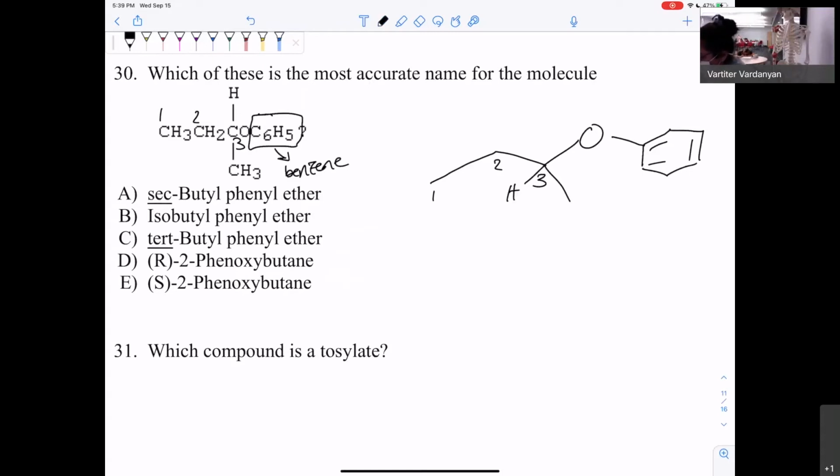And then I also know, or no, that's it. Okay, cool. Would phenol be the same or no? So, when it comes to benzene, if it's directly connected like this one is, you're absolutely right. It's called a phenyl.